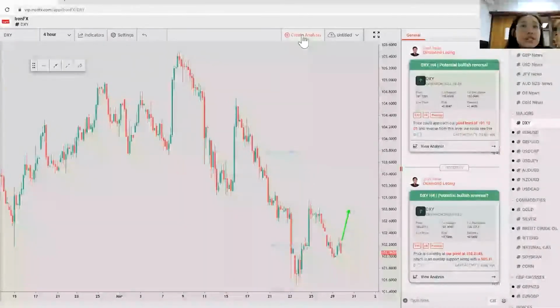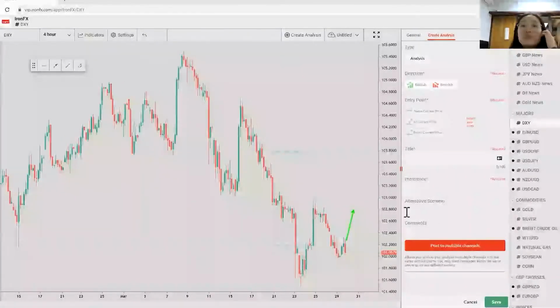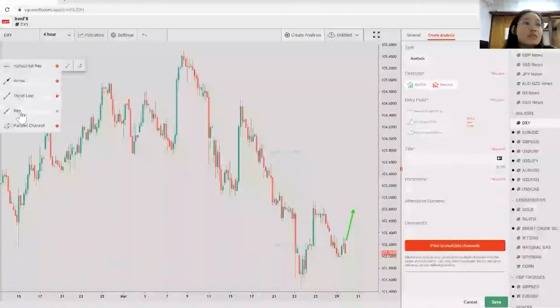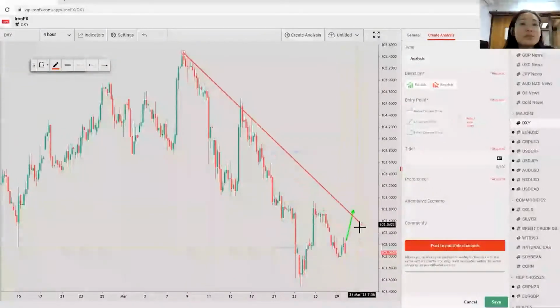So how you create an analysis, you press create analysis, put out your analysis here. And once you have done so, for example, if I say price is moving in a descending trend line, let me mark it out.